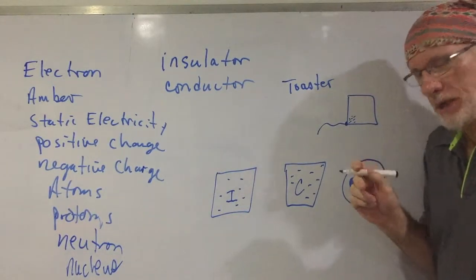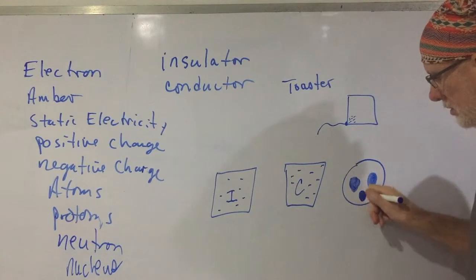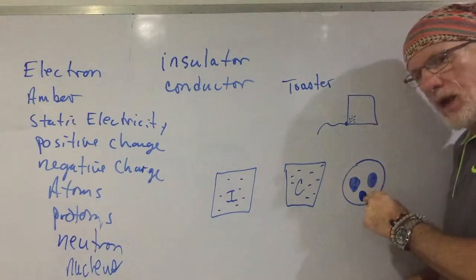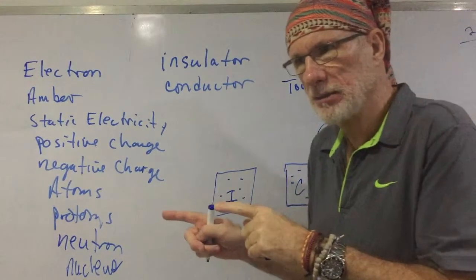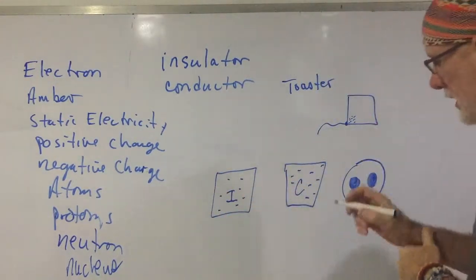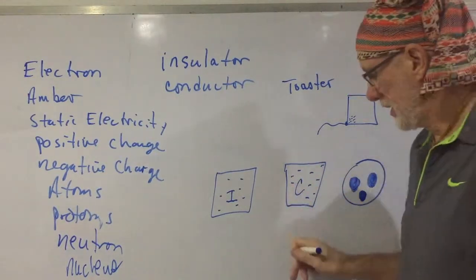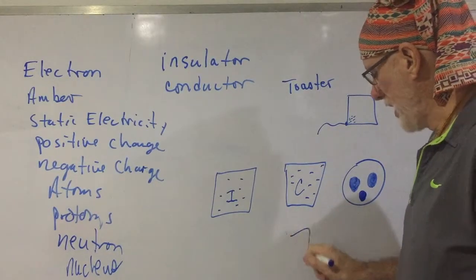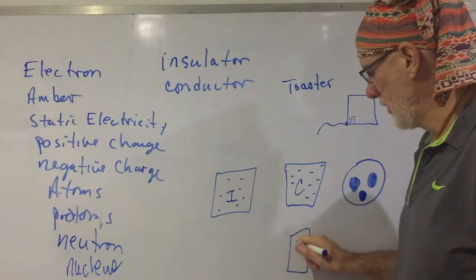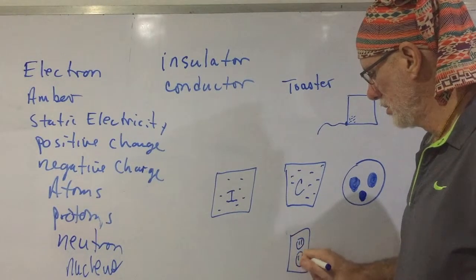Now, so what they do is they put in a third wire. And this third wire will go into the plug. Now, in the plug, let's look at an American or Canadian plug. So in the plug, you have the box, and you have two prongs, sometimes three.